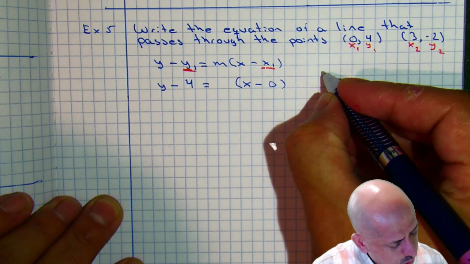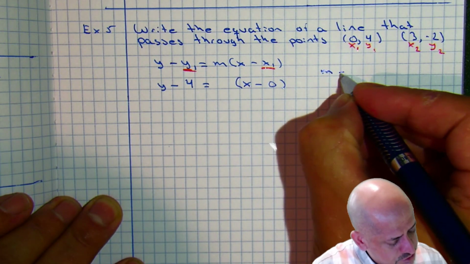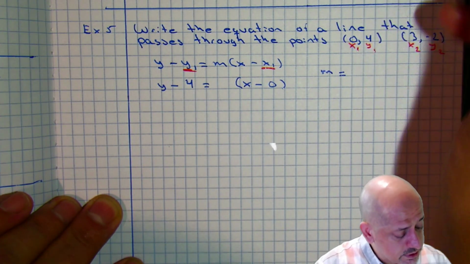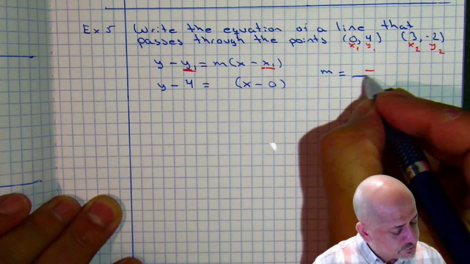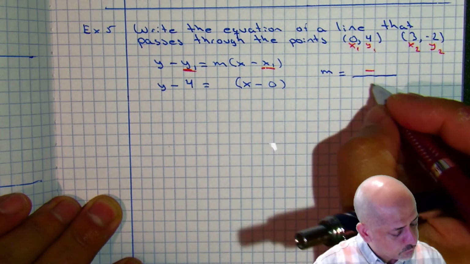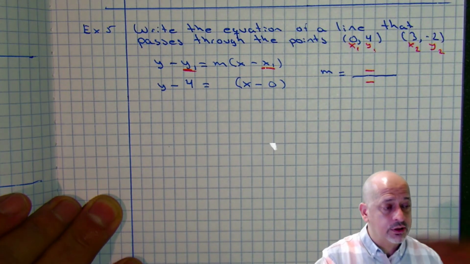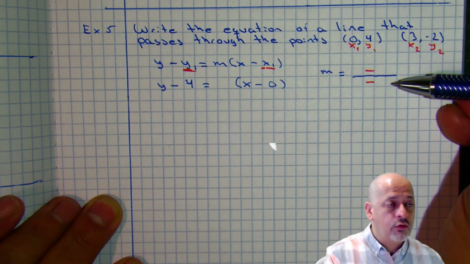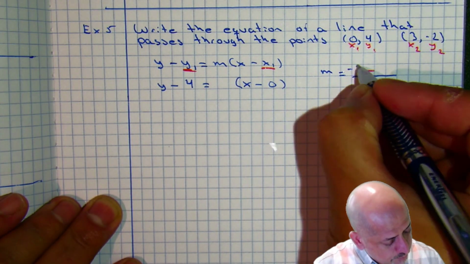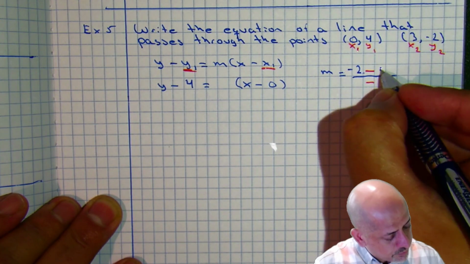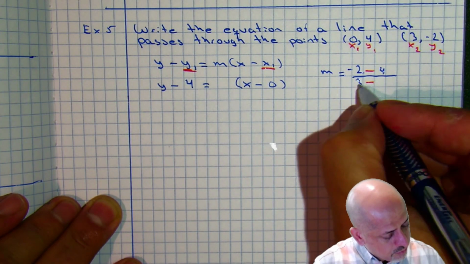We know that your slope is the rate of change, the difference of the y's over the difference of your x's. Is your rate of change, the y's, the difference between the y's over the difference of the x's. And we do y2 minus y1 over x2 minus x1.